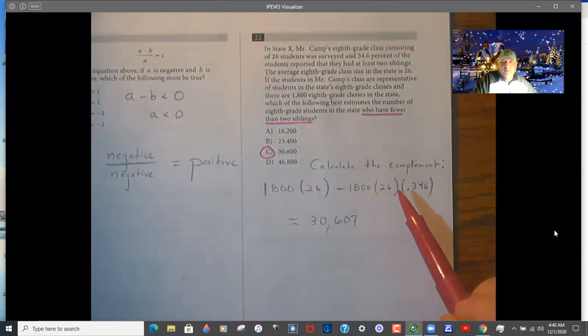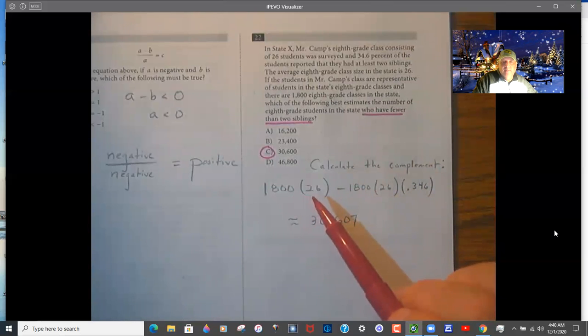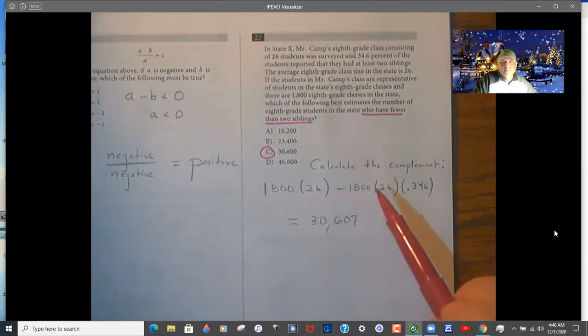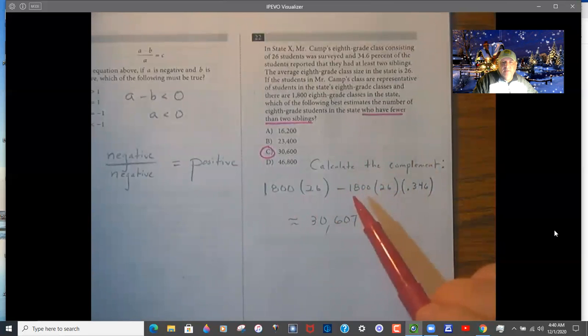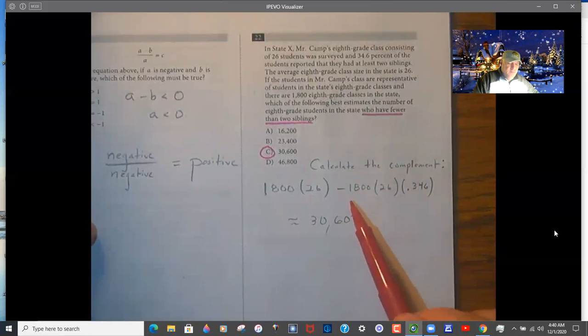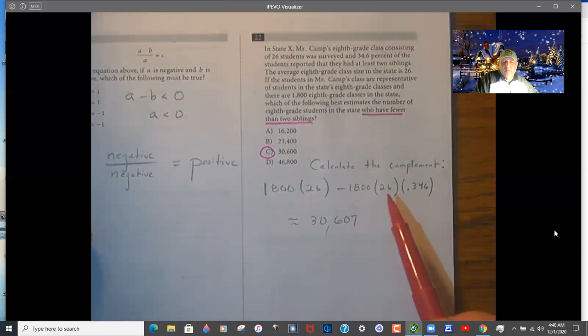And then you minus from that, so that would be how many have at least 2 siblings. And then you're going to minus from that the complement. So I'm sorry, this is how many have at least 2 siblings, 34.6% of 1,800 times 26.